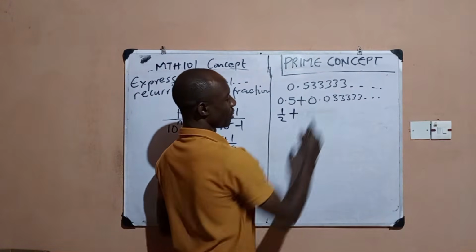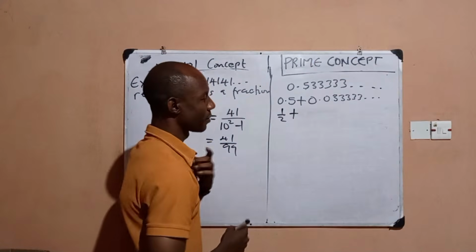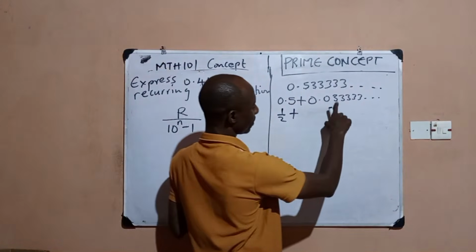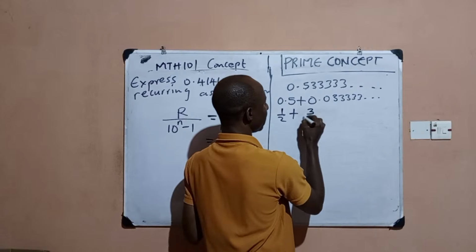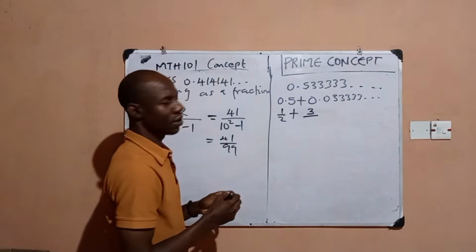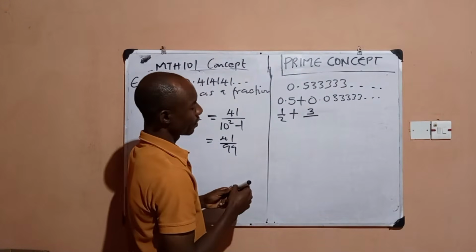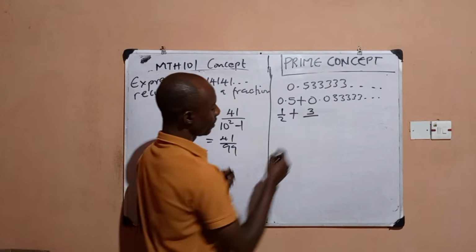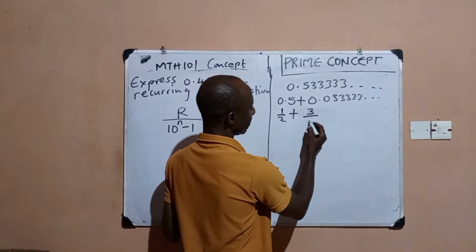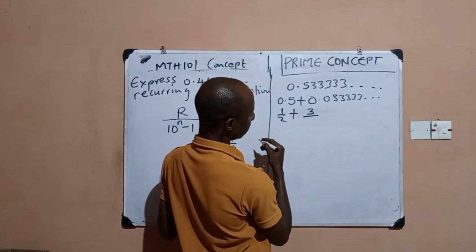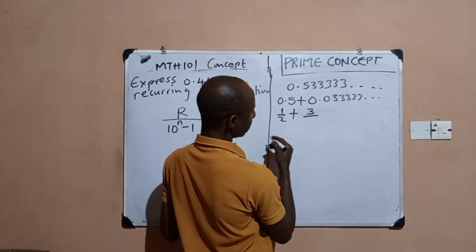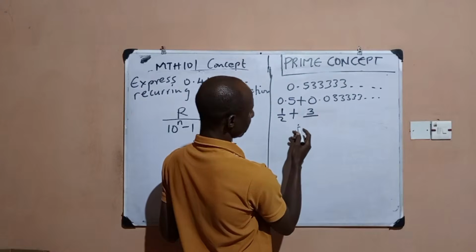Then plus this one now, what is it going to be? It's going to be 3 all over 9.